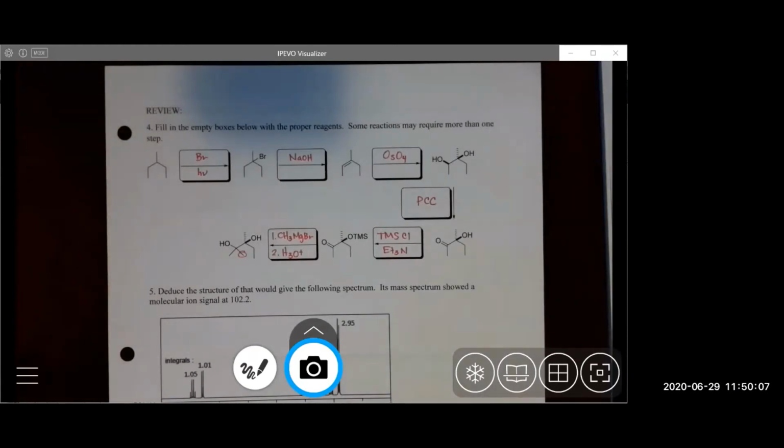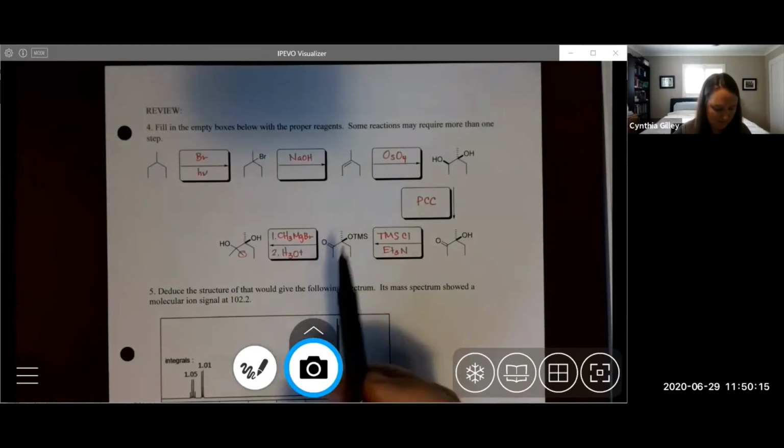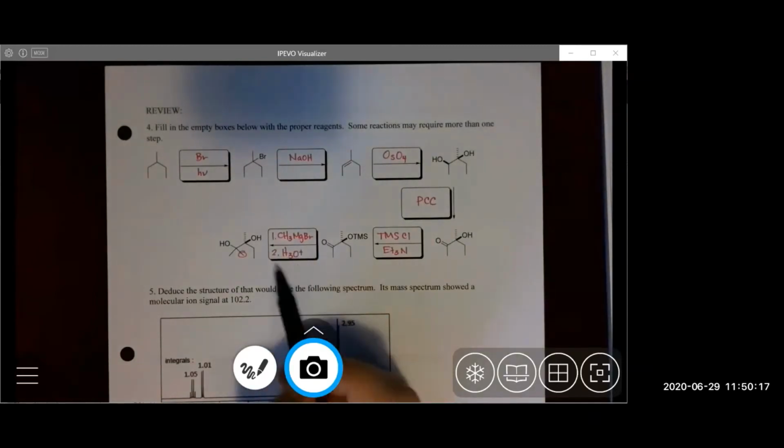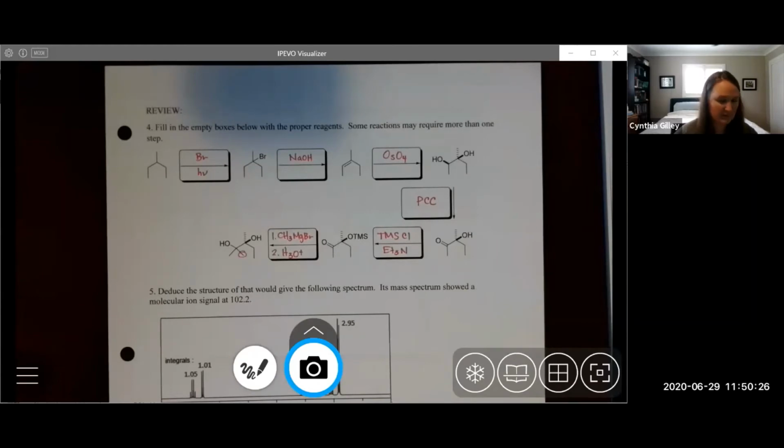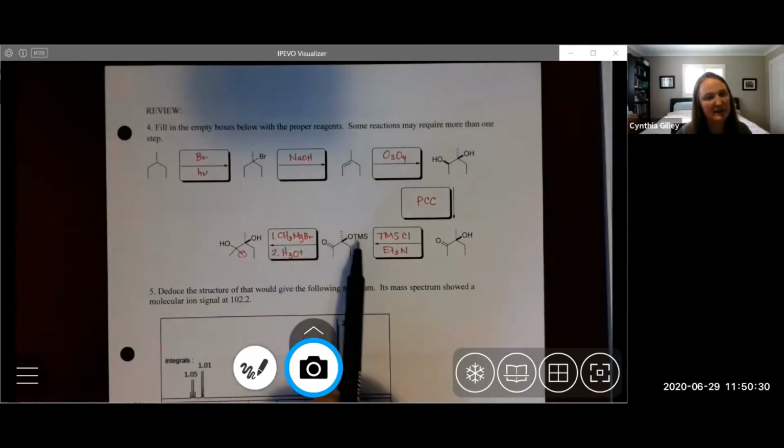Do you have to also write, was it TBAF, or I forgot what removes the TMS? Yeah, so if it wasn't enough to add the acid to remove this, then you could do a third TBAF step. And that would for sure. But basically, TBAF or acid is supposed to remove the TMS.